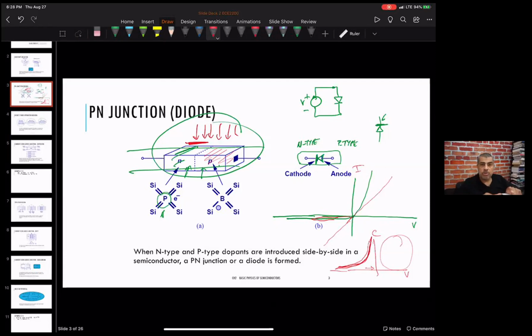If you want to modulate, change the frequency of that carrier, you can use a diode and change the voltage across the diode to get different frequencies. So that's primarily where having a voltage controlled capacitor is useful.